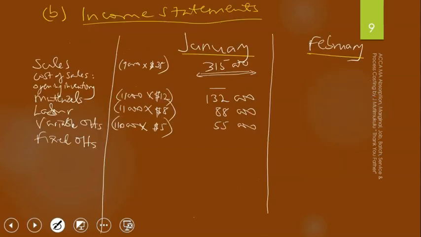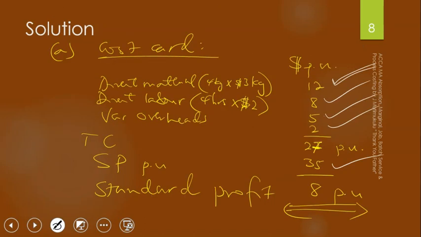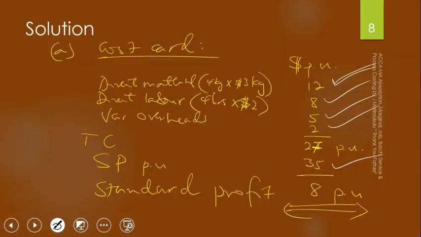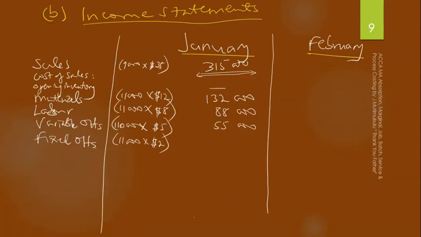We then have to multiply it by the total units produced. That's fine. So we are having 22,000.